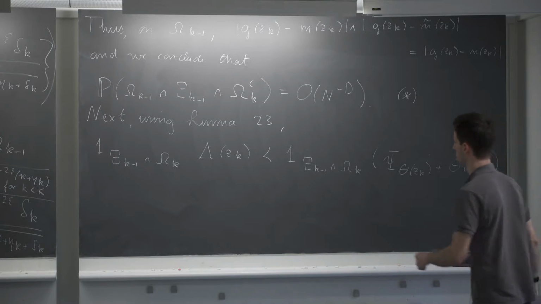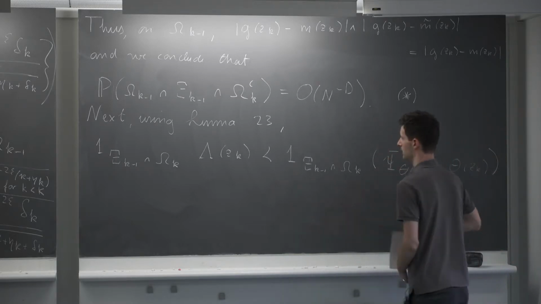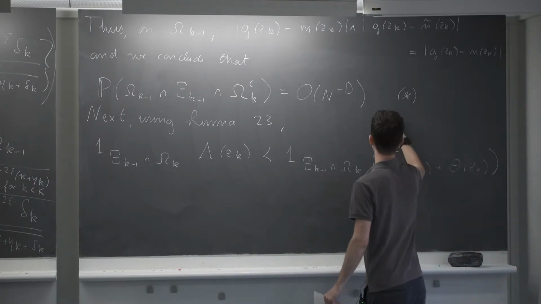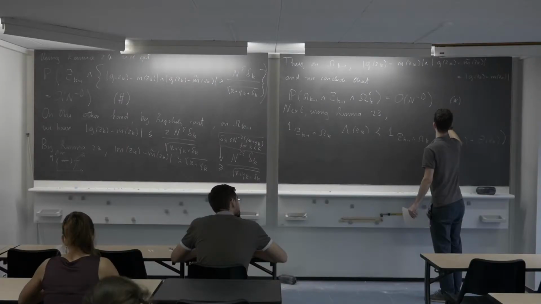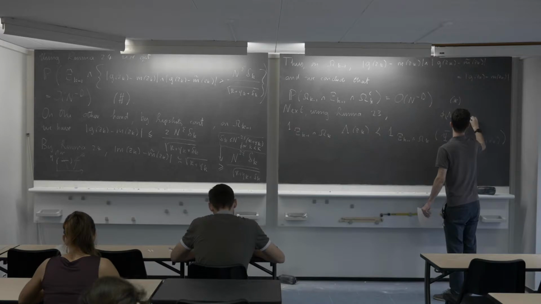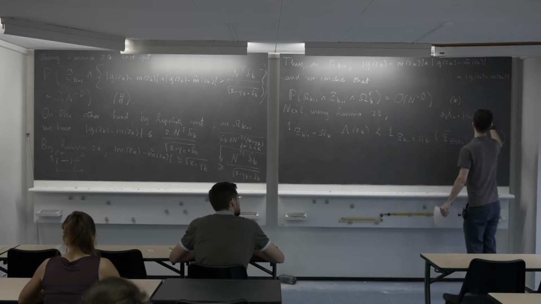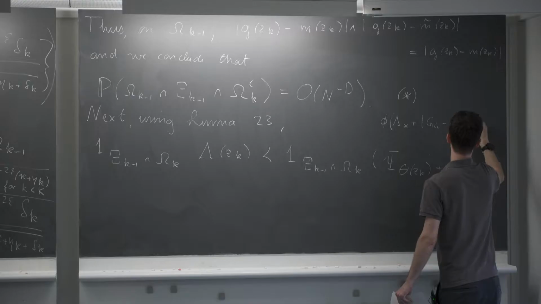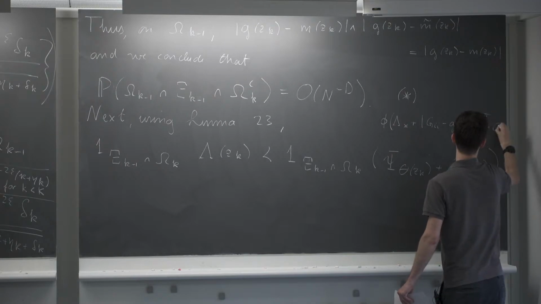So why is that? I clearly have the same indicator on the right-hand side, and if you recall, the estimate was that on the event phi, we had first of all lambda star plus GII minus G bounded by that.